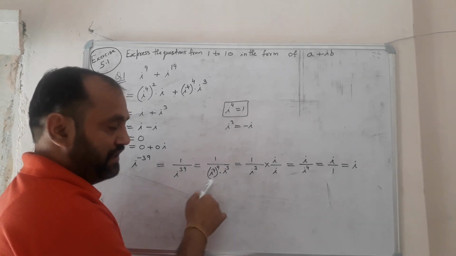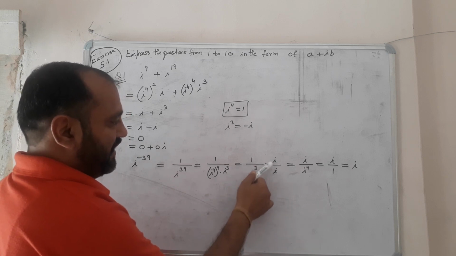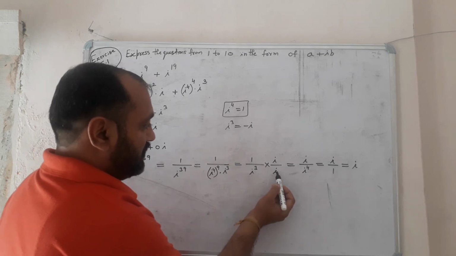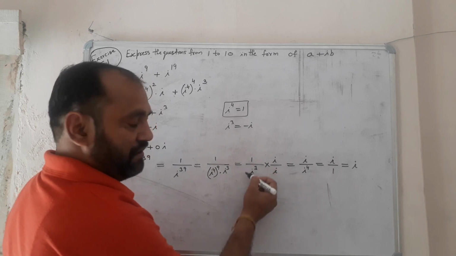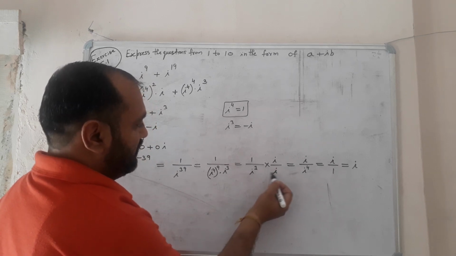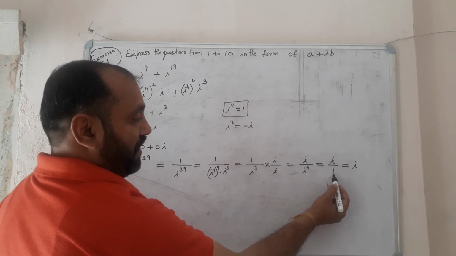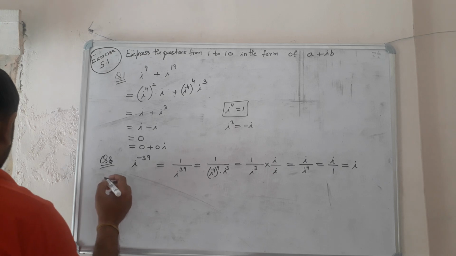Iota power 4 is 1, so it is 1 upon iota cube. Now I am multiplying and dividing it by iota because I want to make this real. When you multiply these two, we get iota power 4, and iota power 4 is 1, so the answer is iota.